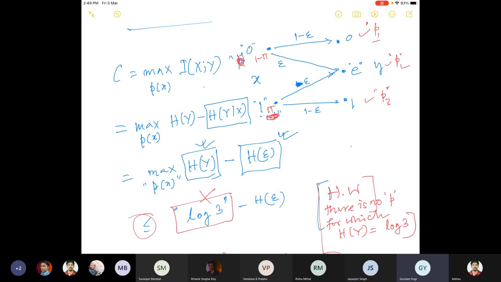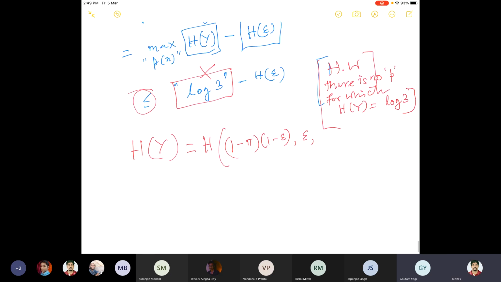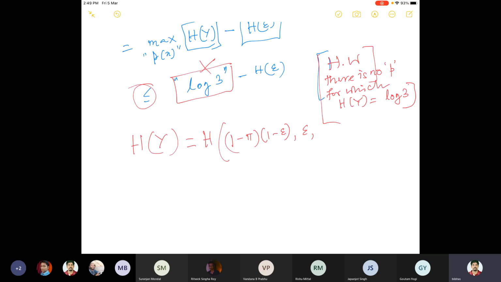It will be directly pi into 1 minus epsilon. So just looking at the channel, you can compute. You need a little bit of practice, like how it is defined.